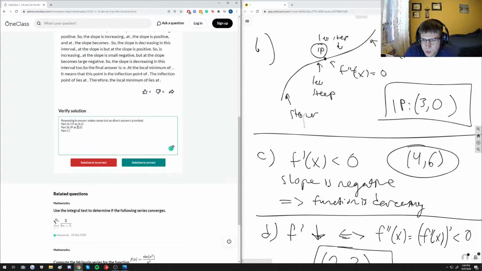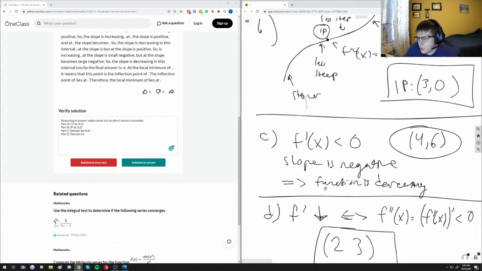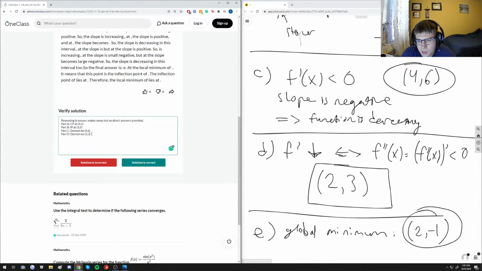Part C, we're going to have our domain be (4, 6). Part D, we're going to have our domain be (2, 3), and say that the minimum is at (2, -1). So I'm going to also write that. Okay. And that is the solution right here.